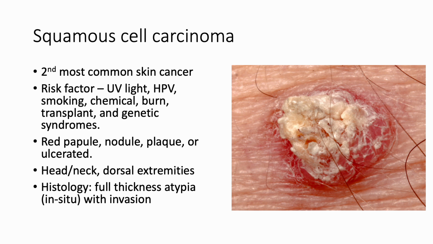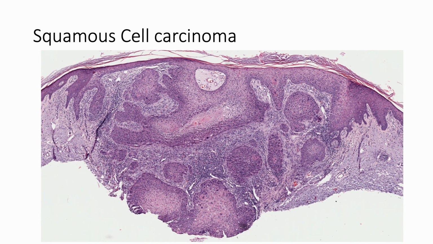And in histology, not only do we have the full thickness atypia as in squamous cell carcinoma in situ, we also have invasion. Here is an example of squamous cell carcinoma, and we can see there is an invasion of the atypical squamous cells. I just want to point out one thing. We see squamous cell carcinoma everywhere, in the head and neck, in the lung, but in the skin world, when you see a very deeply invasive squamous cell carcinoma, pay attention to the periphery.